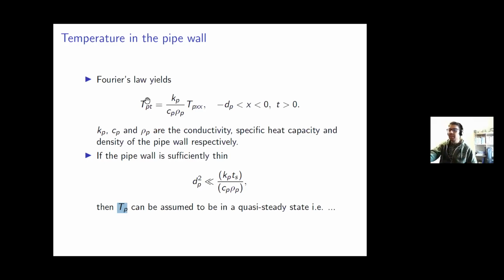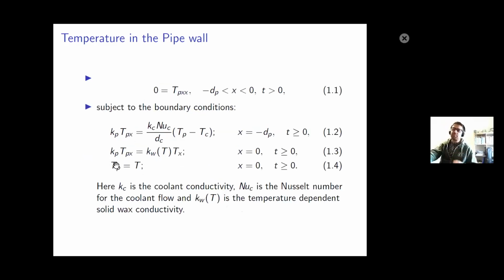Namely, instead of your heat equation here, you just have a time-independent version of this equation. In other words, the second derivative of the temperature profile Tp with respect to x is equal to 0. It's not dependent on time, and this is still satisfied in the pipe wall region.